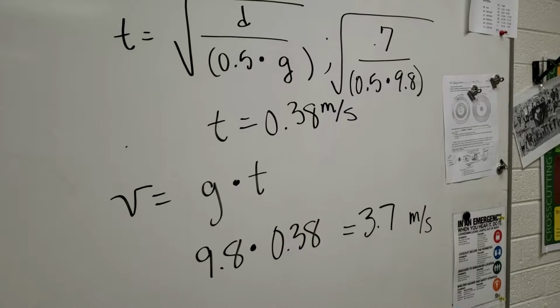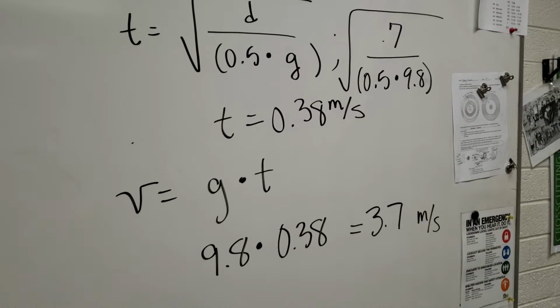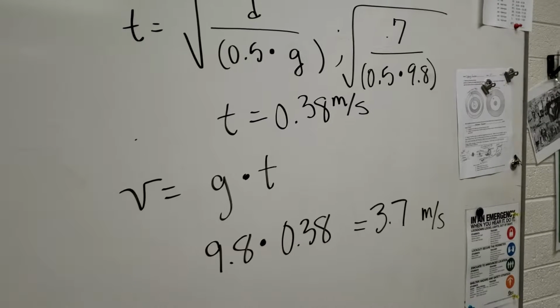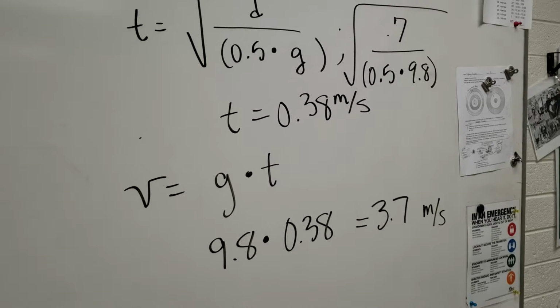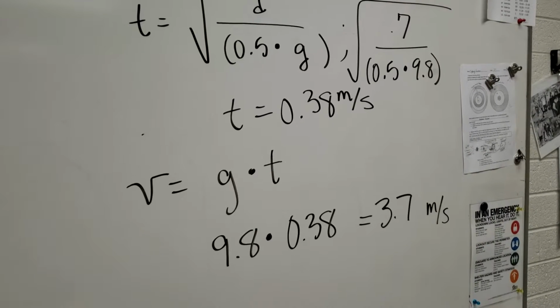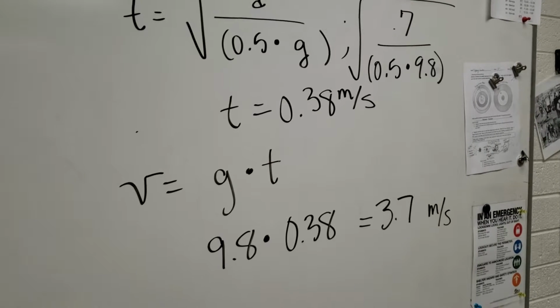So you have to find the time first, and then once you have the time of the fall, you can calculate the velocity. Make sure that you use the equation for velocity of gravity times time, not distance divided by time. Okay, that's important.